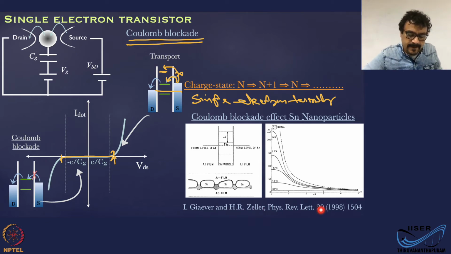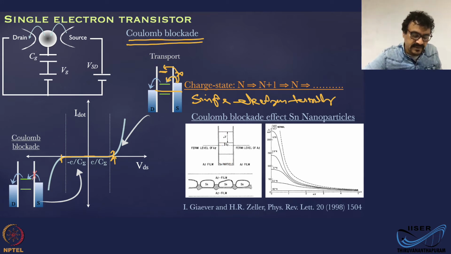And in this paper, they have observed this charging and discharging effect through tin nanoparticles which are deposited on an aluminum film. So they have thin tunnel junctions on both sides. This is giving a rough idea of how the energy levels are aligned.